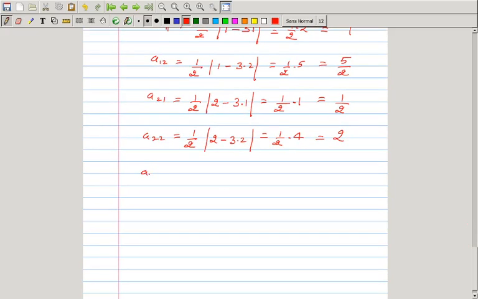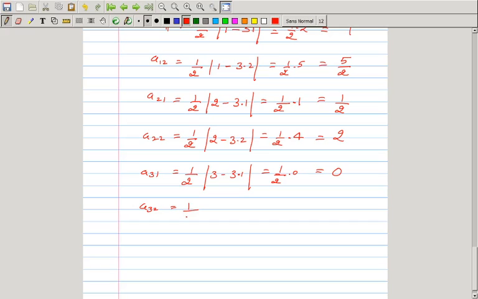Next, A31, just substitute in that formula, half modulus of 3 minus 3 into 1, so this will become half multiplied by 0, this is 0. Our next element is A32.